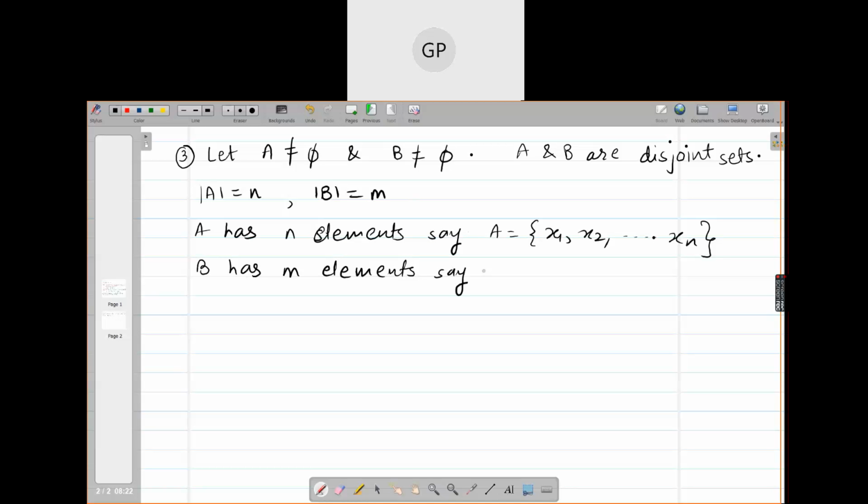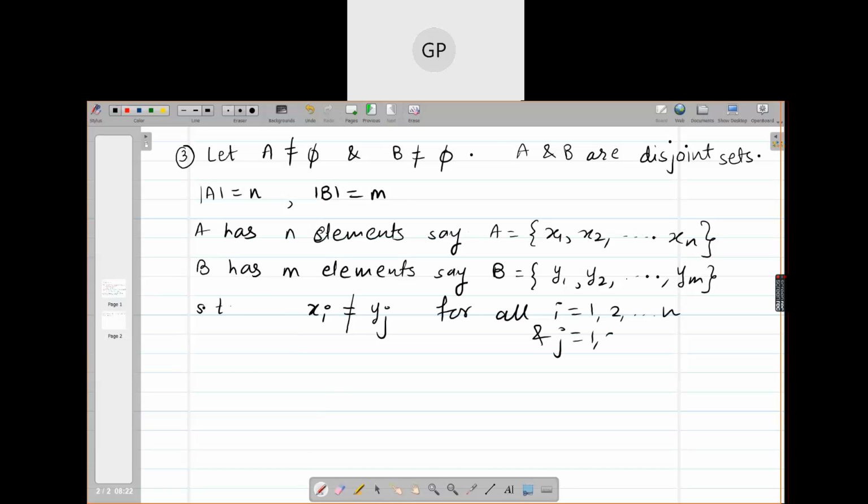Say y1, y2, up to ym, such that xi is not equal to yj for all i going from 1 up to n and j going from 1 up to m.